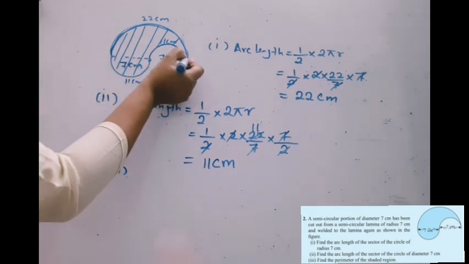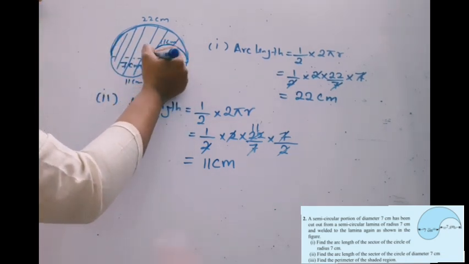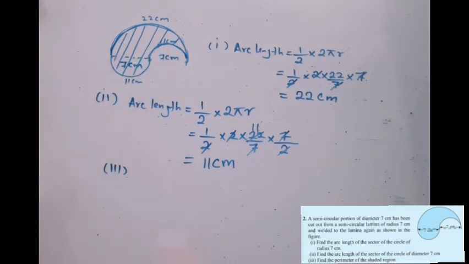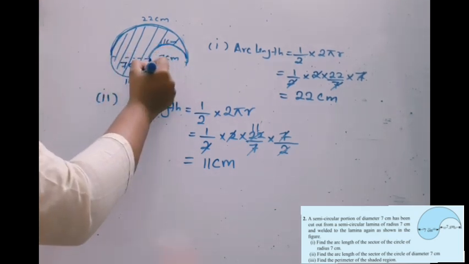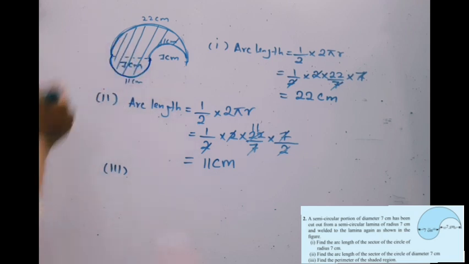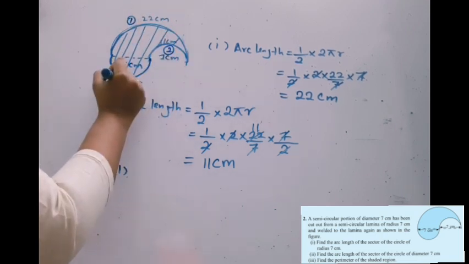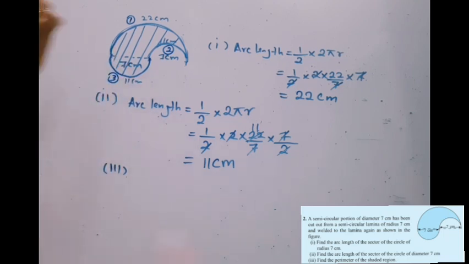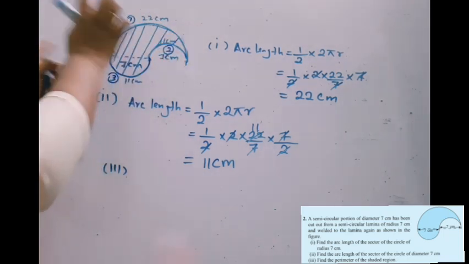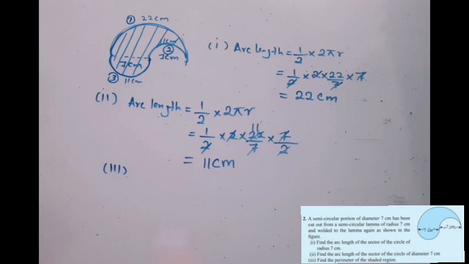So the other length is going to be this arc length, and again the third one is going to be this arc length. So I'm going to number them 1, 2 and 3. So this is the actual length around this lamina. Am I right? So we are going to add all the lengths around this shape.